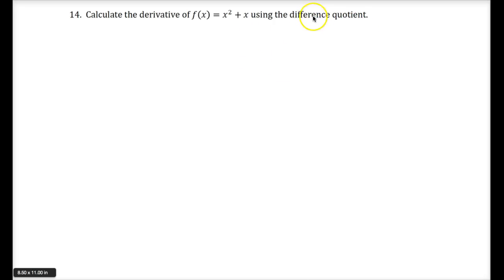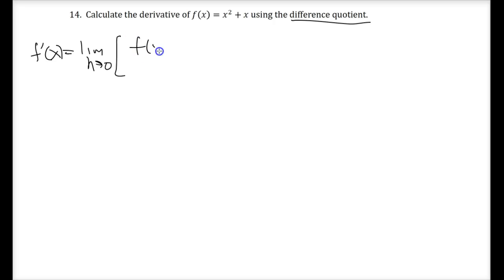When you see using the difference quotient, what they're expecting you to do, and what I'm expecting you to do for those of you that are in my course, is I want you to actually compute what the difference quotient is, and then from that, take the limit of the difference quotient.